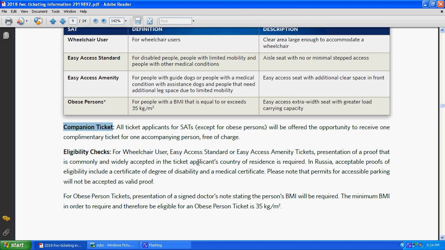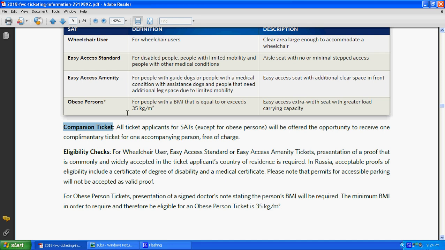I'm no expert in this, but if you are disabled, I'm sure you or your family members know how to get these certificates. So you can get the certificates and you can apply. If you are disabled and have this certificate, please consider applying for these tickets, because these are easier to get, and most probably a little bit cheaper than the standard tickets.